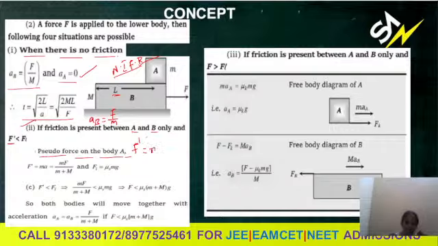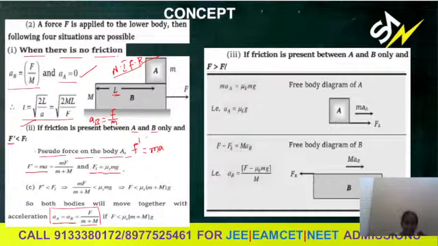So here also it is like ma only. Pseudo force is equal to ma, where a is the common acceleration, because the bodies will move together in this condition. Acceleration of A and acceleration of B are the same, that is applied force by total mass. And for block A's motion, pseudo force will act, so we can write m into F by (M plus m).